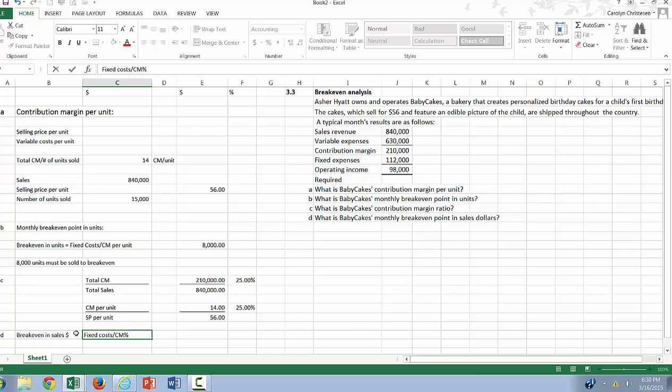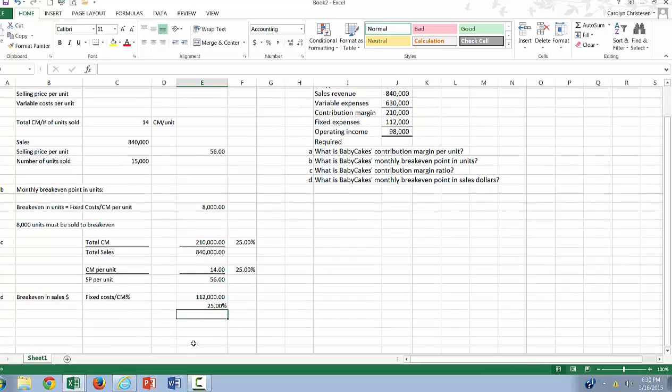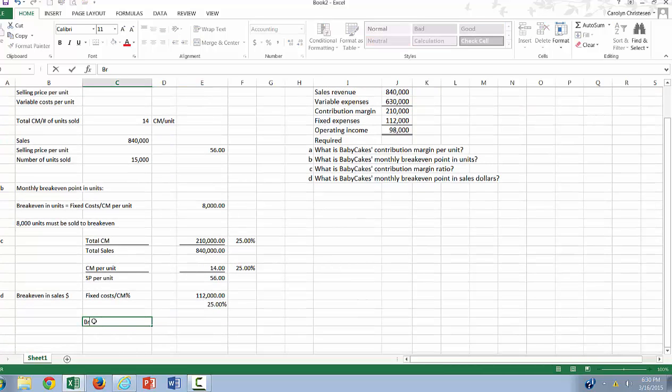Since we just calculated our contribution margin percentage to be 25%, we can divide our fixed costs by our contribution margin percentage. So break even sales will be equal to these divided by one another, or $448,000.